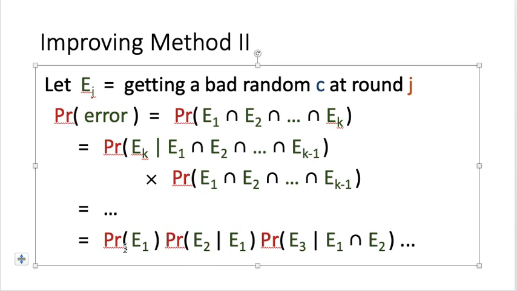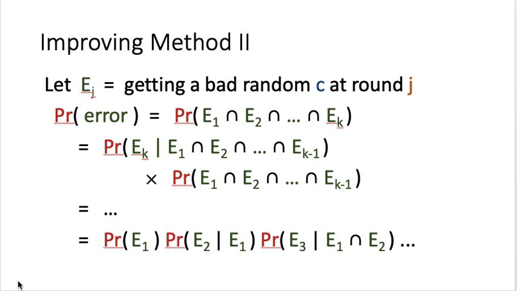So after rewriting using the conditional probability formula, we get the probability of E1, multiplied by the probability of E2 given E1, multiplied by the probability of E3 given E1 and E2, and so on and so forth. Okay, so let's see how we can find out all these probabilities.